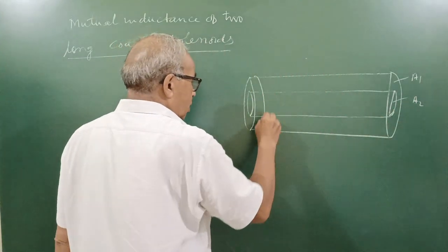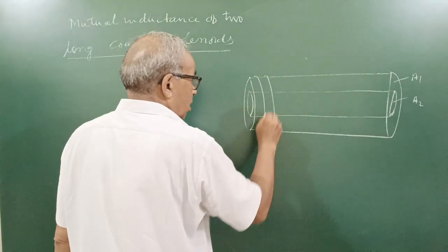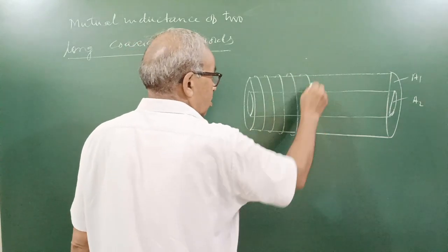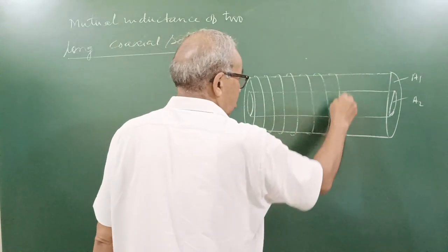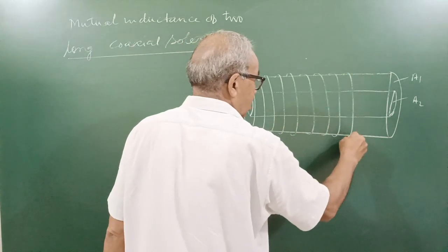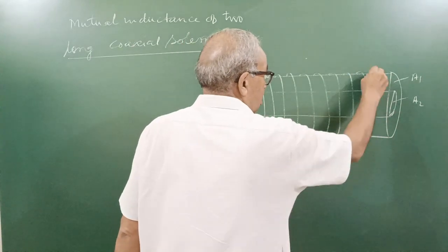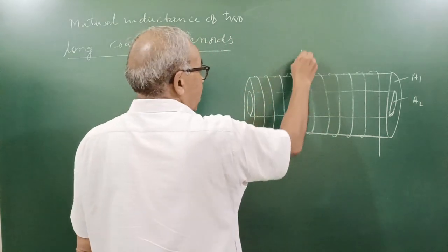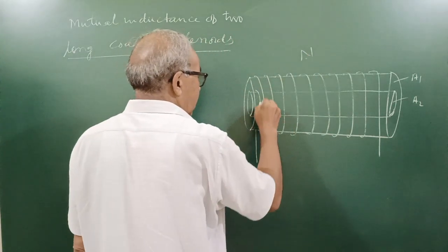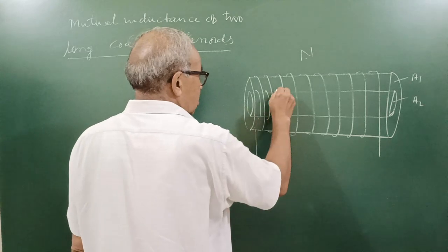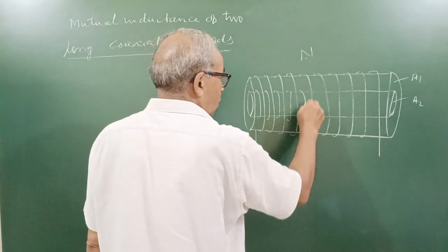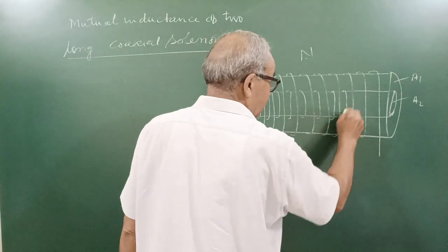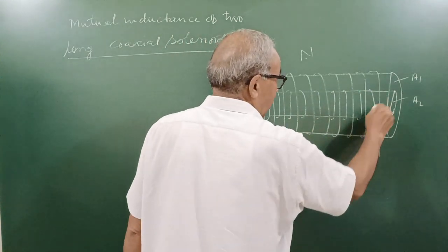Here the number of turns is N1, here N2 turns. Both coils have the same length. In NCERT the diagram is drawn the other way also.